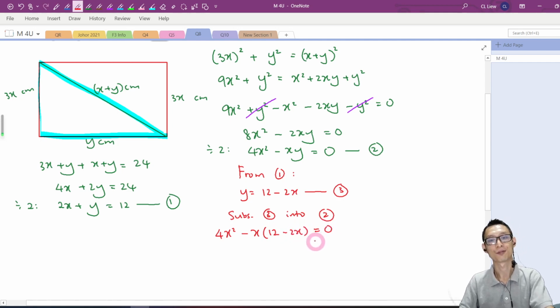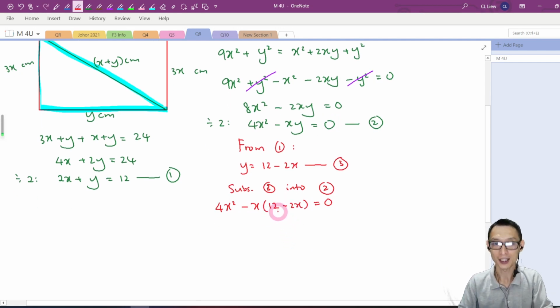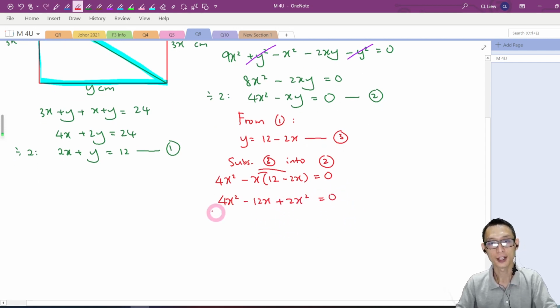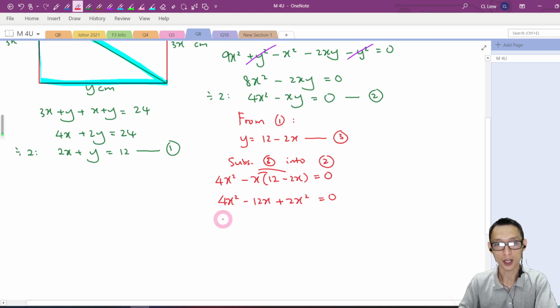Now, we have successfully changed the two unknowns to become one unknown. So now we can solve it easily. 4x² minus 12x, negative negative positive 2x². For 4x² plus 2x², you will get 6x² minus 12x is equal to 0.